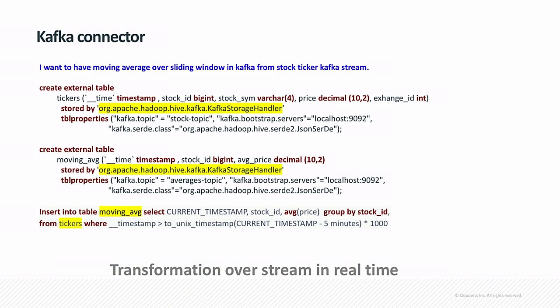In our insert example, we're publishing to the second stream using a Hive query, where the query is reading from the first stream, calculating the current 5-minute average of the stock prices, and then performing the insert to the table, which effectively is publishing to the second stream.